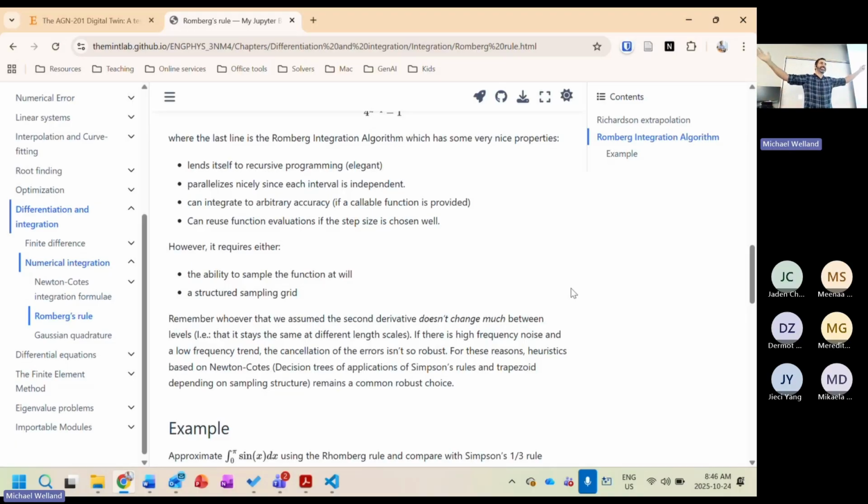Signal analysis. Error, right? Your error is going to be doing something like this all over your entire domain. And that's just going to play games with you. This is why, even though Romberg has all these nice principles, arbitrary accuracy and everything like that, putting it back into Newton-Cotes is usually the most robust way to do it.